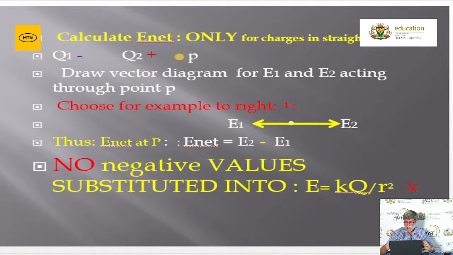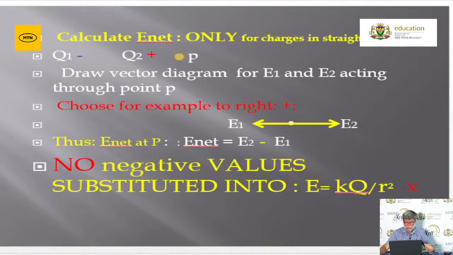If your answer is negative, in this instance, E1 in my example was to the left, and I've chosen it as negative, so if the answer is negative, then my direction at the end will be to the left. So interpret your answer according to the value you get.